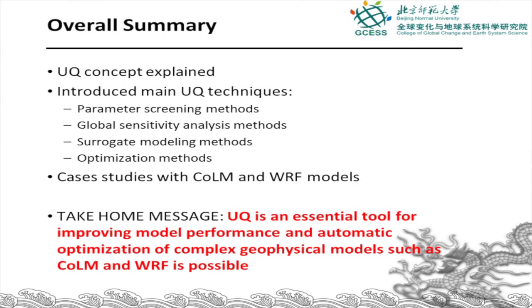Okay. I know I jumped too fast in some of the details, but here I'm just trying to give you an idea that we can use a fully automatic approach to optimize the parameters of those complex models, like the Wolf model. Right now, we are pursuing the same approach for climate models. Climate models are a different category.